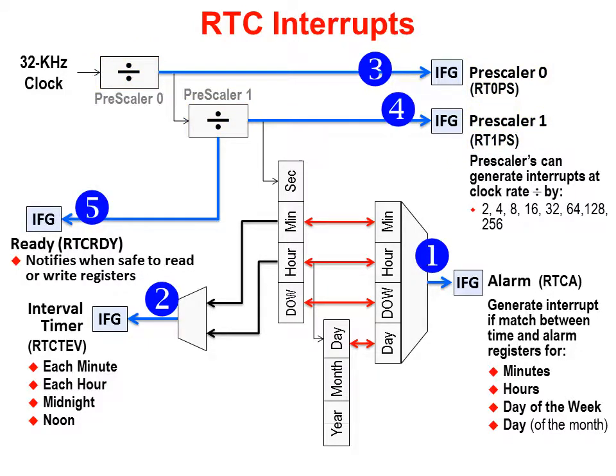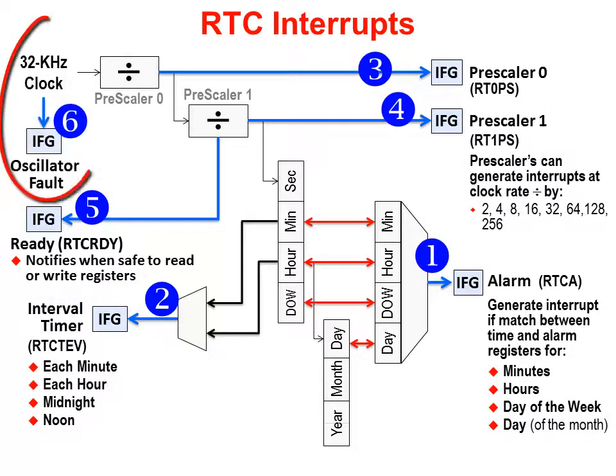As we'll note in a later slide, you need to exercise caution so that you don't read the RTC registers while they're being updated. To make this easier for you, the 5th type of RTC interrupt indicates when the RTC registers are ready to be read or written to. Finally, the 6th type of interrupt is for an oscillator fault.